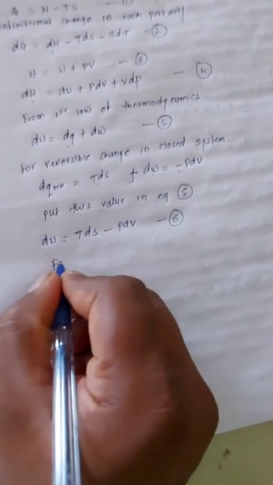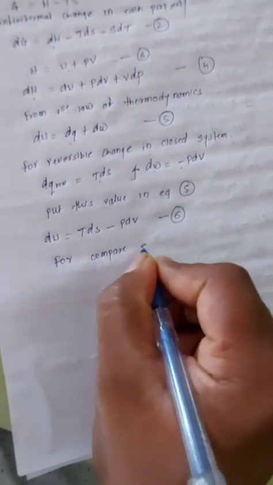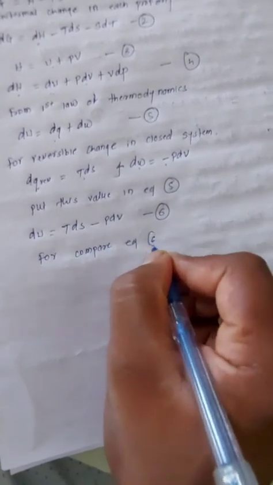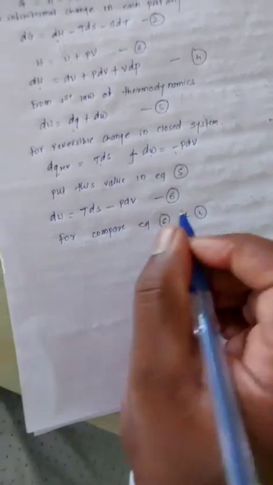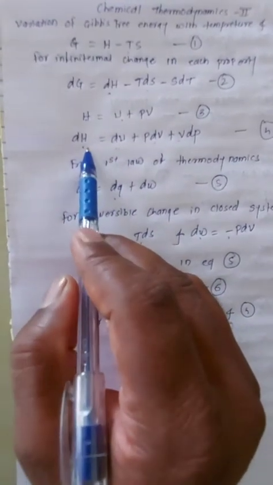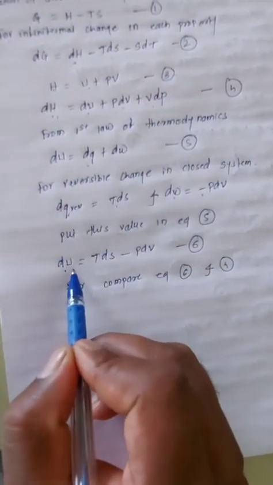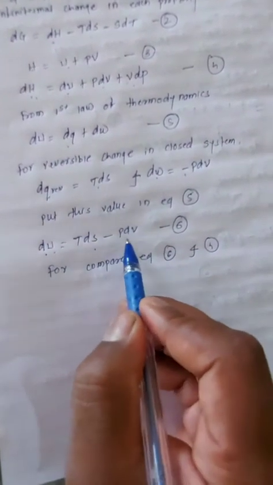Again, compare equations 6 and 4. In equation number 4, that is dH is equal to dU plus PdV plus VdP, and in equation number 6 dU is equal to TdS minus PdV.